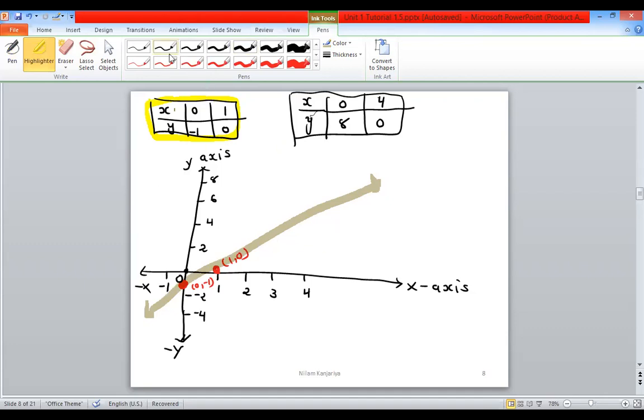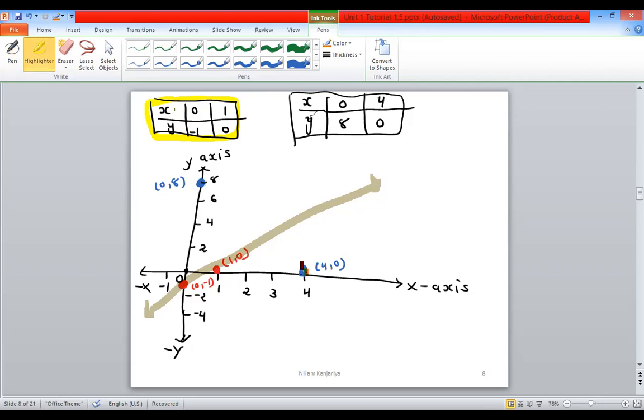Now the other two points are x is 0, y is 8. This is here. Now x is 4 and y is 0. This is here. Now join these two points exactly.